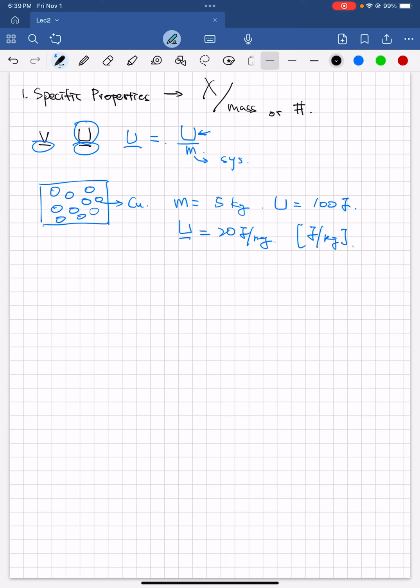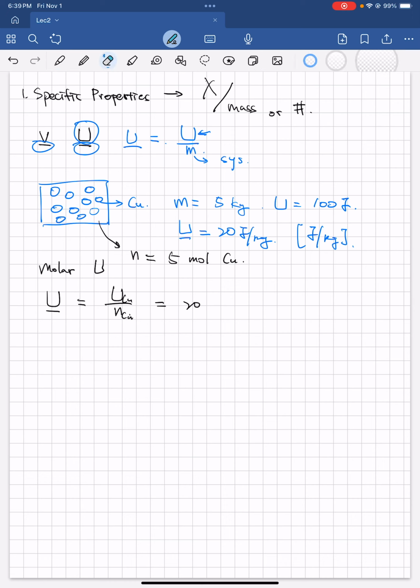And for molar use, you can also write it like this, U divided by N of Cu. So let's say in this system there is 5 mole of copper. Then, in order to prevent you guys from getting confused, let's change this to 10 joule.